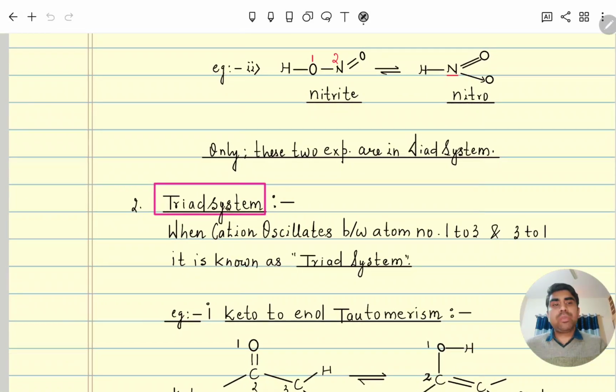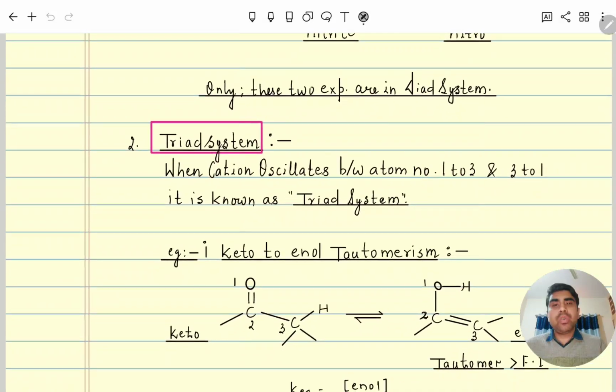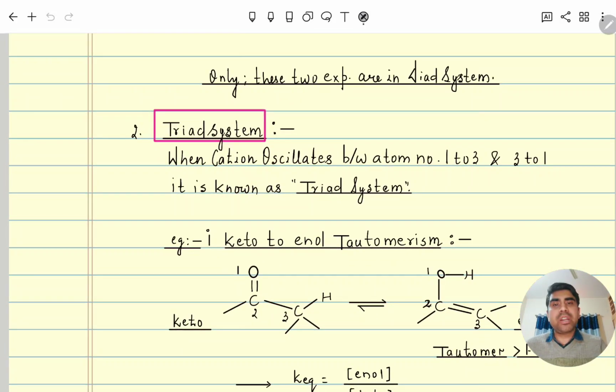Next moving, which we will mainly study, the triad system. Triad system means where hydrogen, or that monovalent atom, will oscillate from the third position to the first position. So cation oscillation between atom number 1 to 3 or 3 to 1.